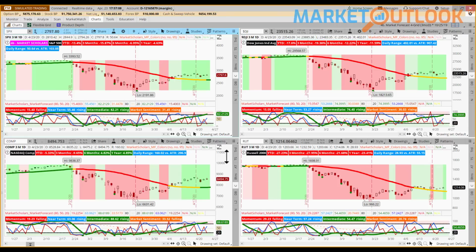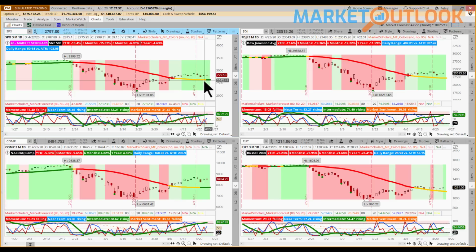So the other thing that I wanted to point out that I mentioned in the intro is that the S&P 500, for the first time since going all the way back to mid to late February, has a green moving average. Remember that signifies price being above a rising moving average. So price had been above the moving average since really going back to early April, but the moving average itself was continuing to fall.